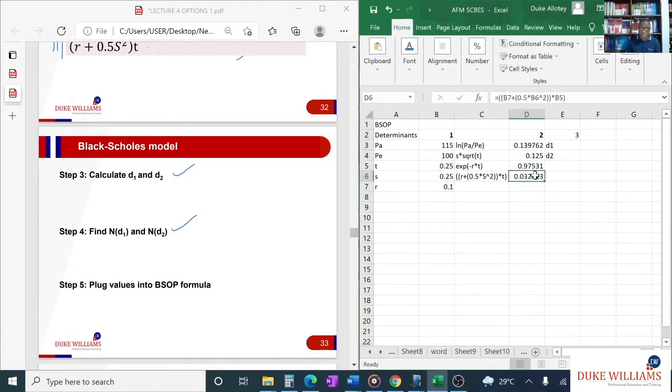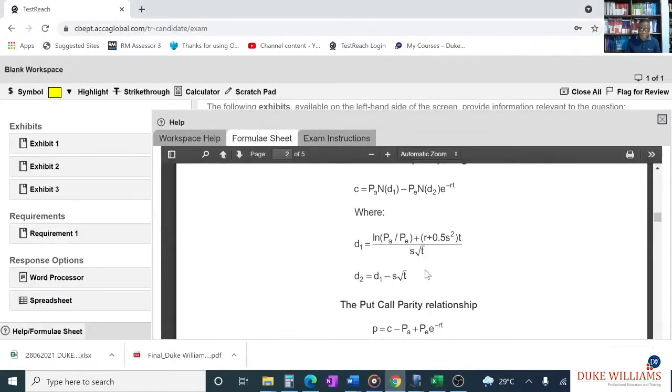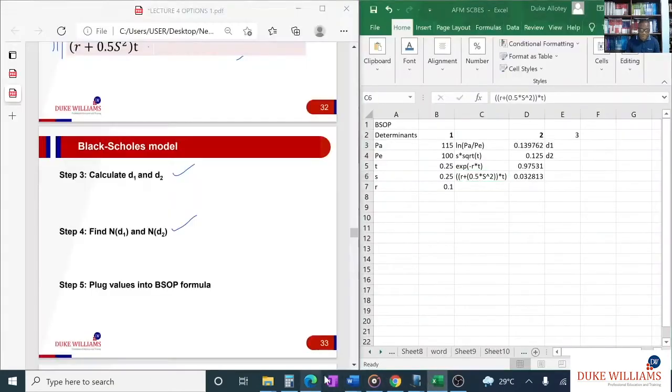Very interesting there. So I have that because I need that for this. I need this that I've just worked out divided by that to come out with my D1. So let's go and hit that on.